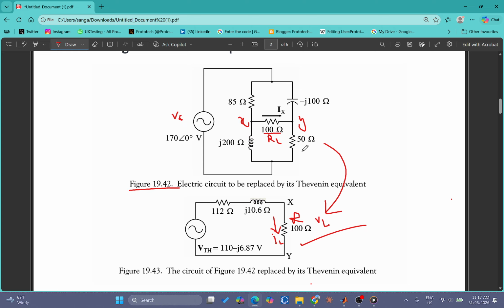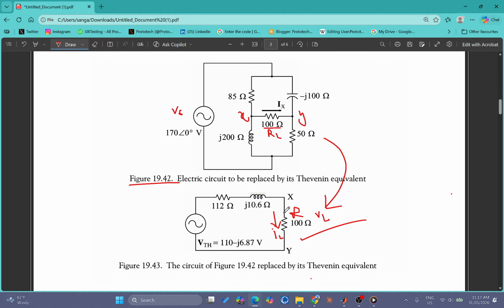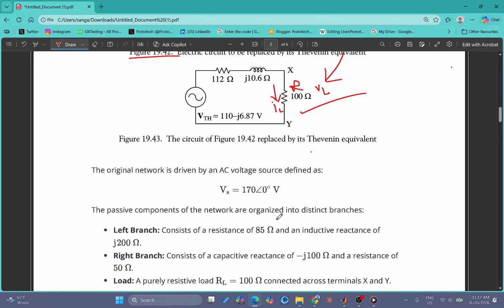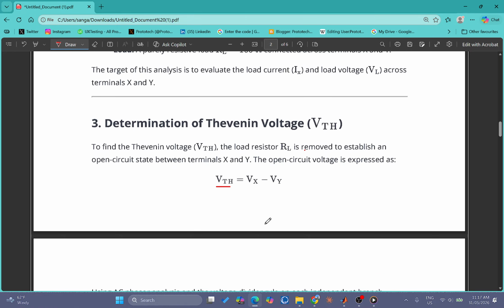To do that, we are going to use Thevenin's theorem. I already have a Thevenin circuit here, which I will explain after explaining the other process.